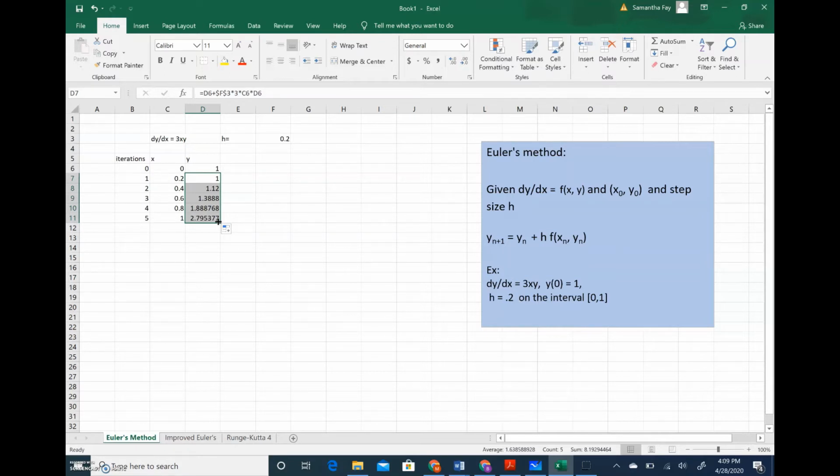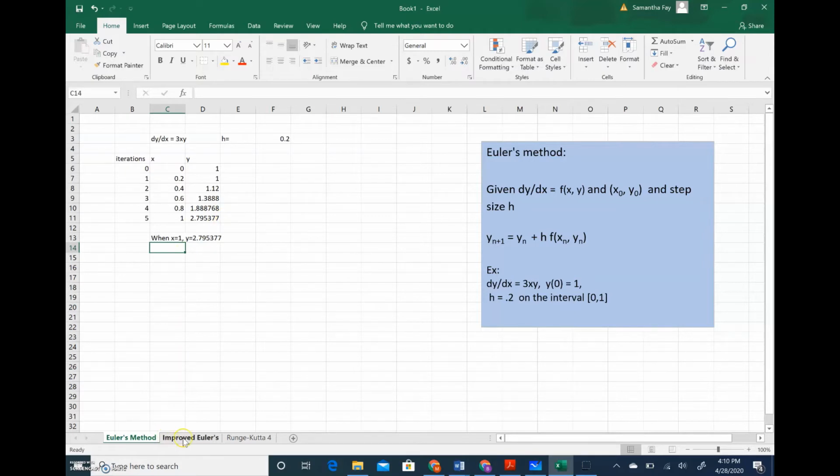This last one right here tells me that for my approximation, when x equals 1, y is approximately 2.975377. So that's my first approximation.